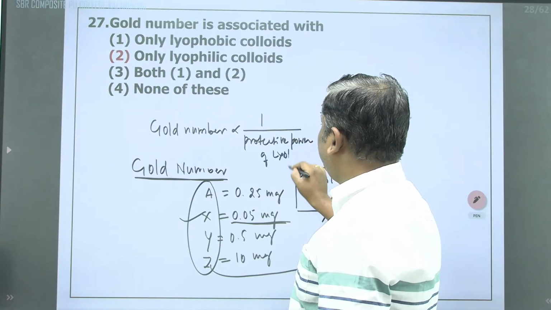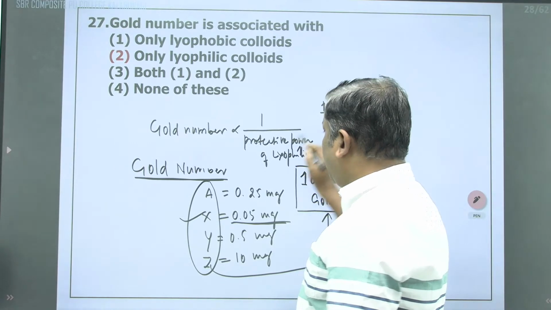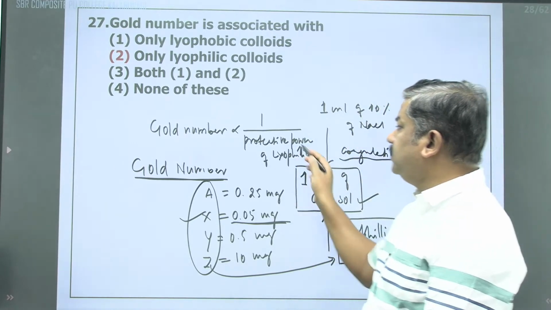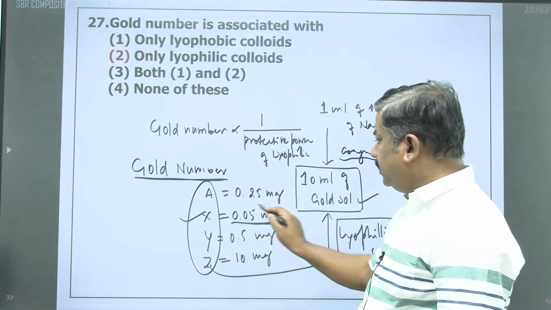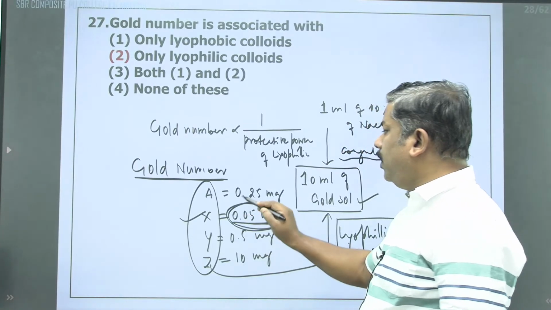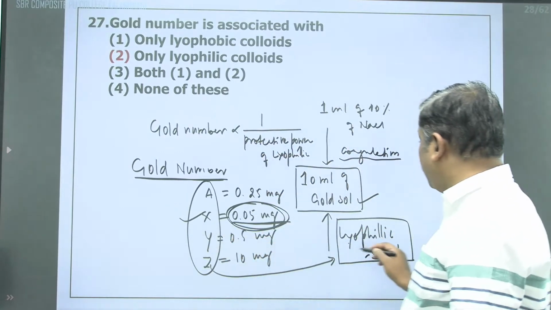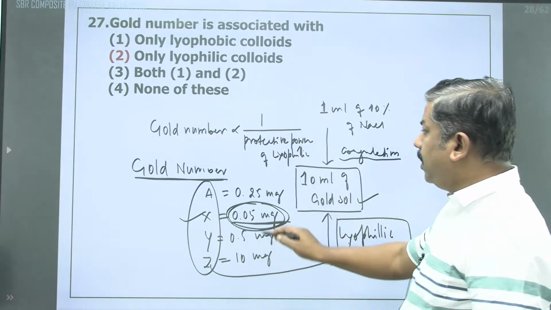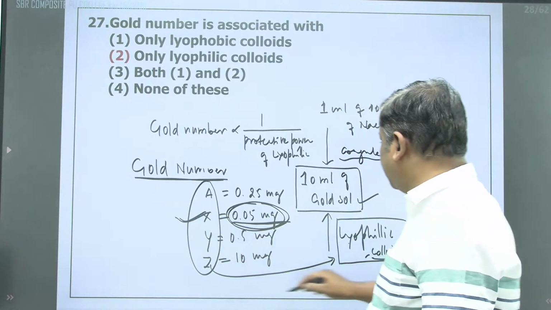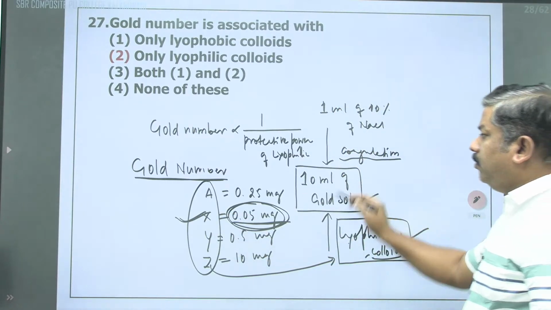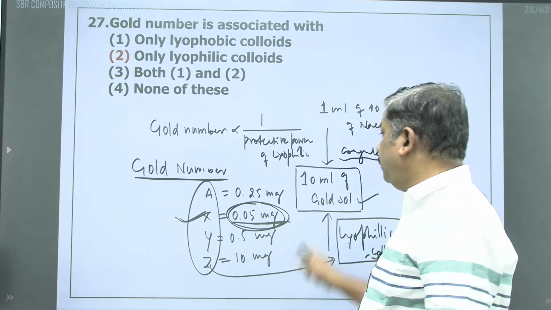The greater the value of gold number, the lower the protective power. Here X has the smallest value of gold number, so this colloid has the highest protective power. Because of that, it is considered the best lyophilic colloid to prevent the coagulation of 10 ml of gold sol.